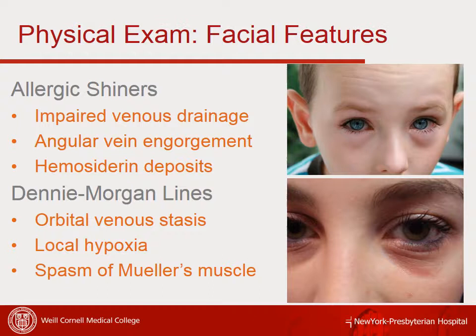Denny-Morgan lines, you can see those horizontal lines underneath the eye. This is related also to orbital venous stasis, and oftentimes they go along with the allergic shiners. There's local hypoxia and then spasm of Mueller's muscle, and that's what produces that crease, which also, just like allergic shiners, may become permanent.